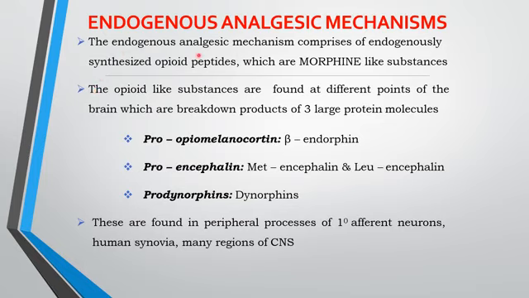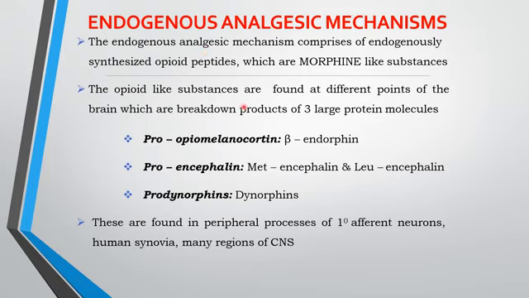The endogenous analgesic mechanism comprises endogenously synthesized opioid peptides, which are morphine-like substances. These opioid peptides are natural substances which help in reducing the pain.